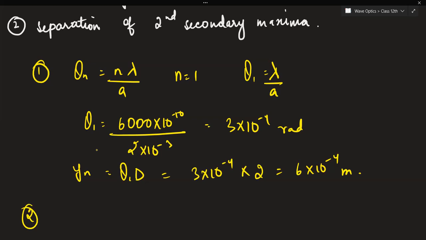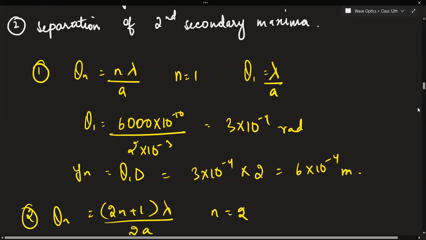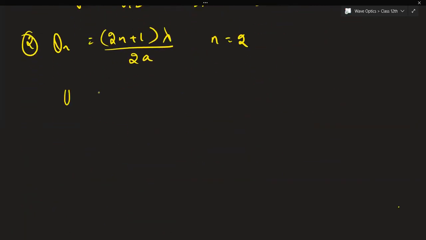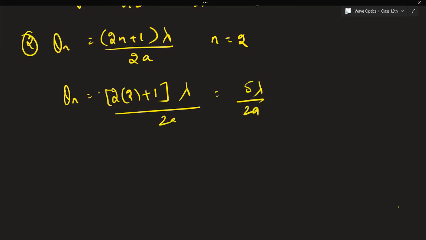Second part says the same thing. N is 2 and the formula will be used for maxima. It means theta n will be (2n plus 1) lambda by 2a, and in place of n we'll be using 2. So theta n will become (2 into 2 plus 1) lambda by 2a, that is 4 plus 1, 5 lambda by 2a.